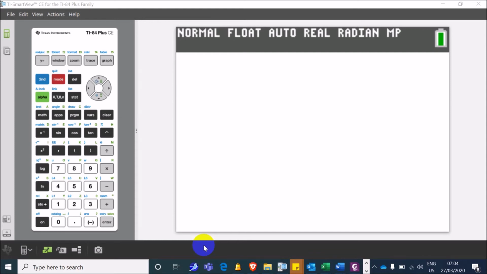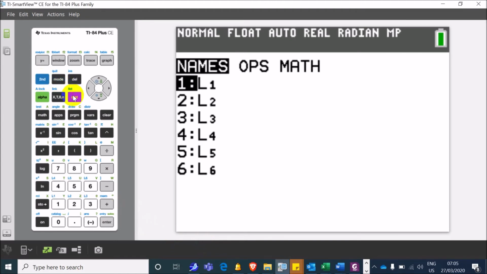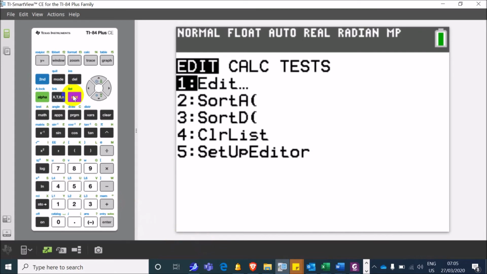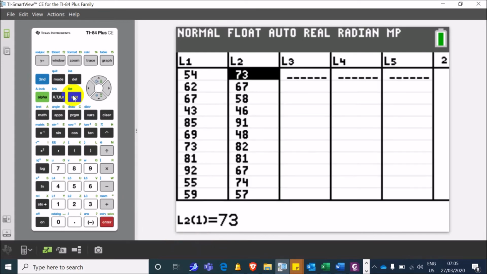Okay, let's see what you need to do with the calculator. As I said, you have two sets of data. Put those data in, measured for different things, and go to Start, Edit. I have already put them in.